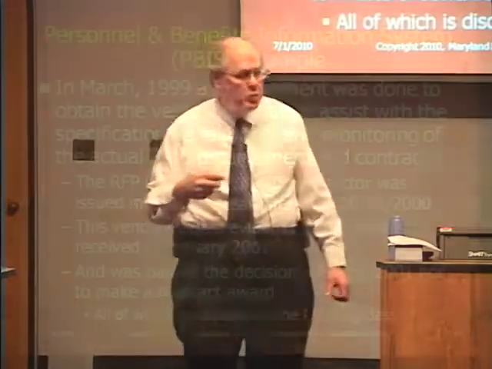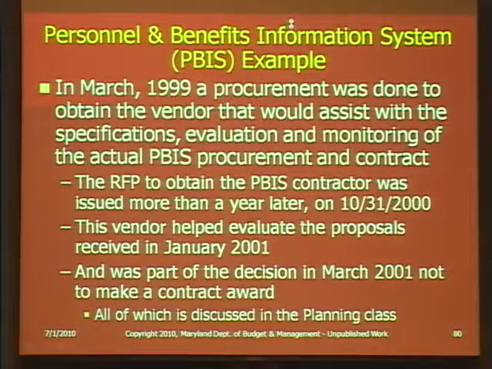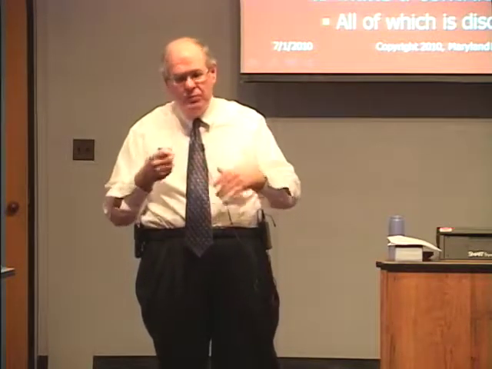And this is an example we used in the planning class, back in 1999 when the state intended to do what was called a personnel benefits information system. It was a very complex situation that we talk about in the planning class, estimated to be at least $70 million and very possibly more.